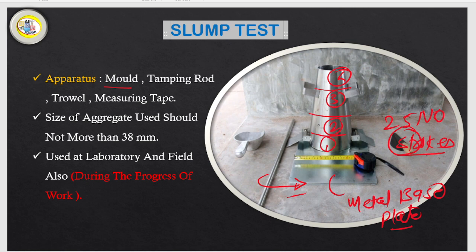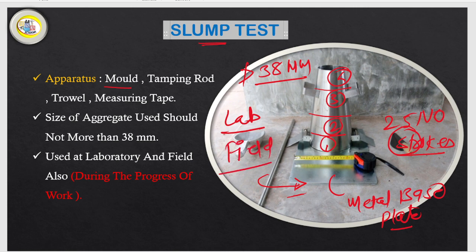For the slump determination, the aggregate used in the concrete should not be greater than 38 mm in size.